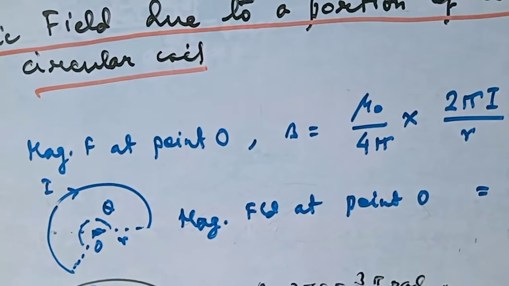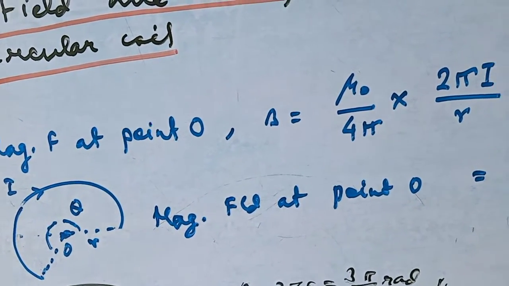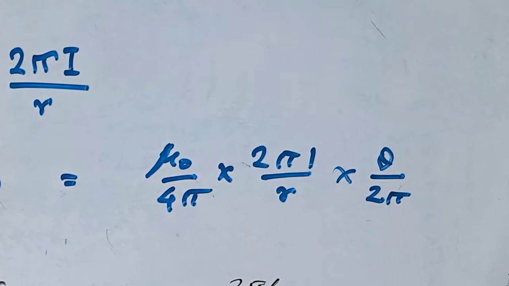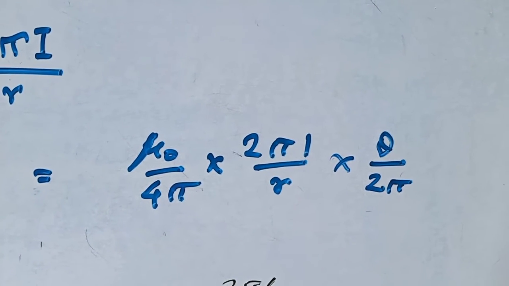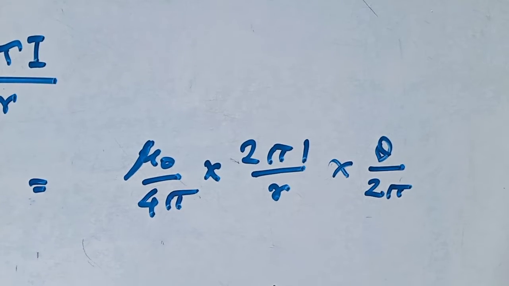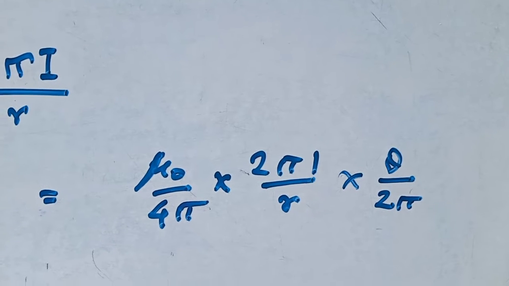What will happen if it is a semicircular arc? If it's a semicircular arc, theta is equal to 180 degree. If we place 180 degree, how many radian is that? 180 degree means pi radian.